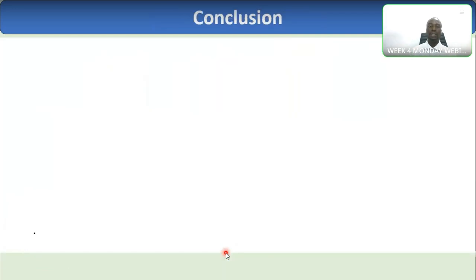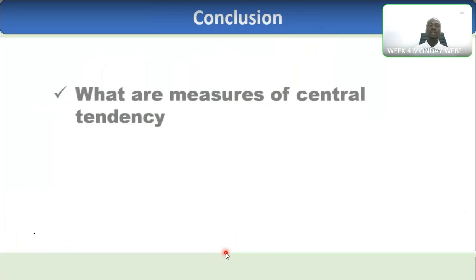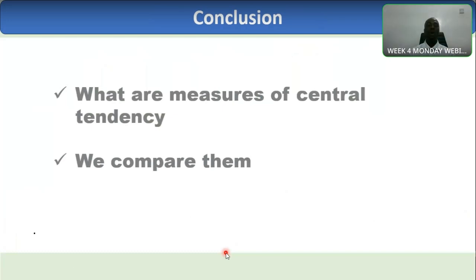In conclusion, we have been able to look at the measures of central tendency. We looked at the mode, the median, and the mean. We said that the mean is good, is great, but it has only one cardinal weakness, which is its sensitivity to outliers.